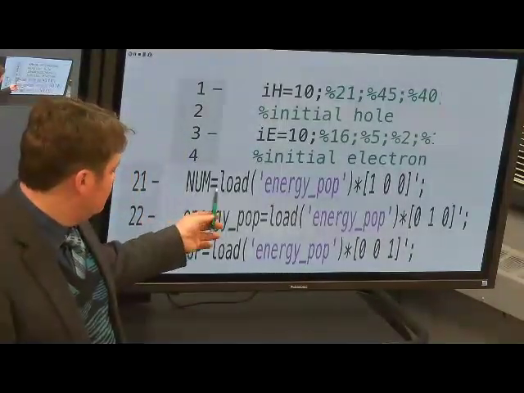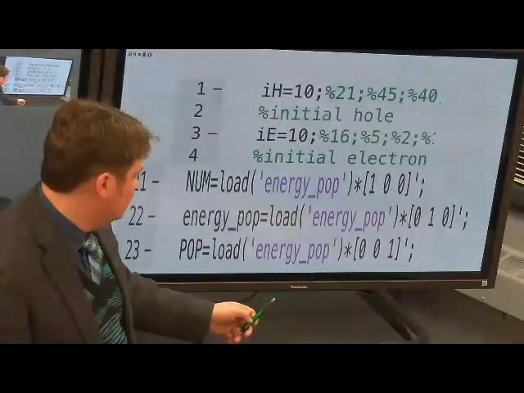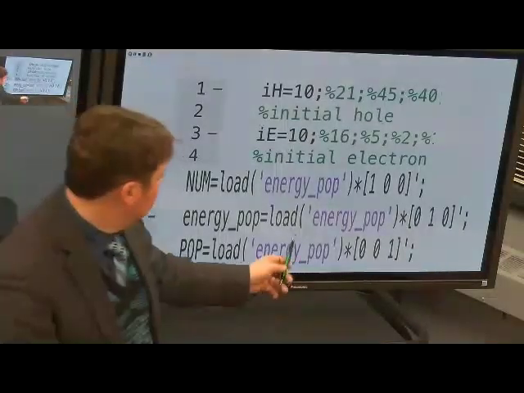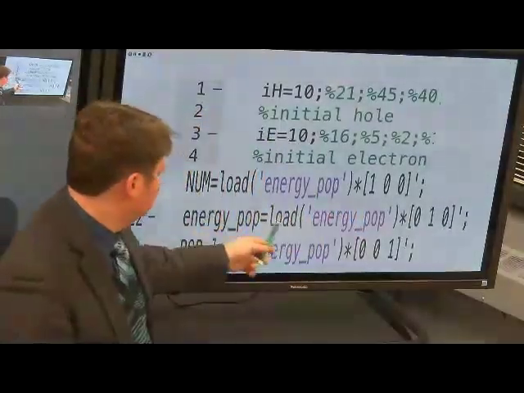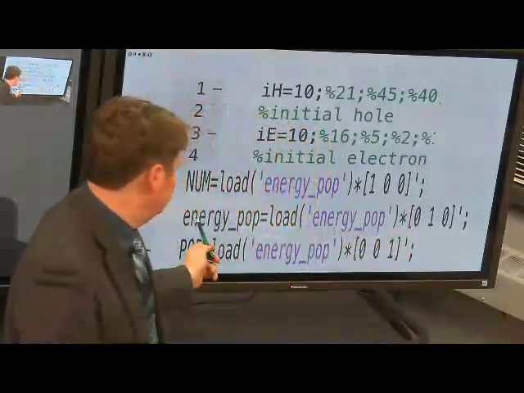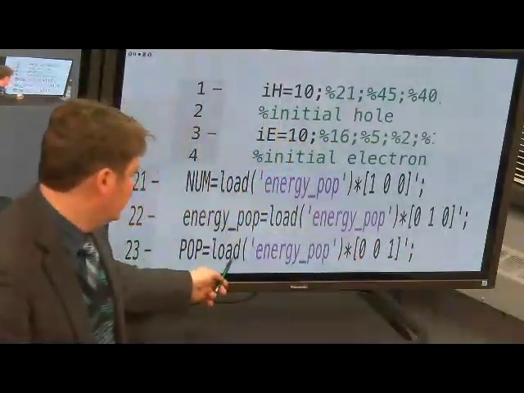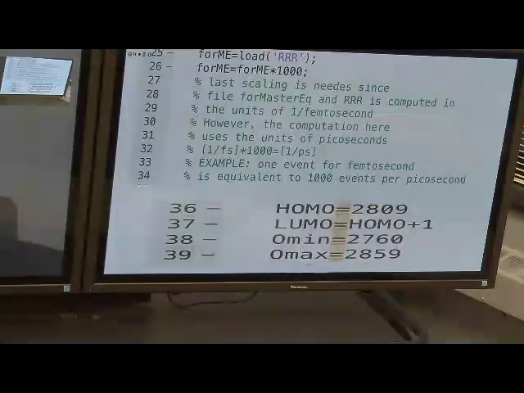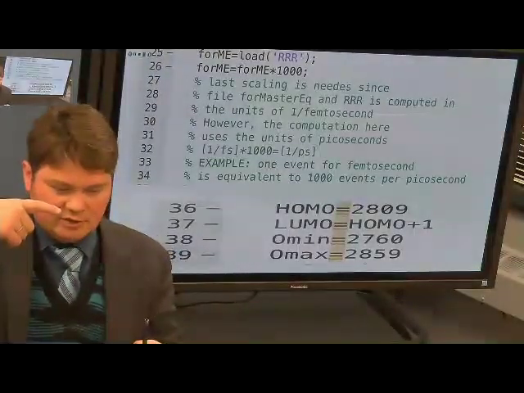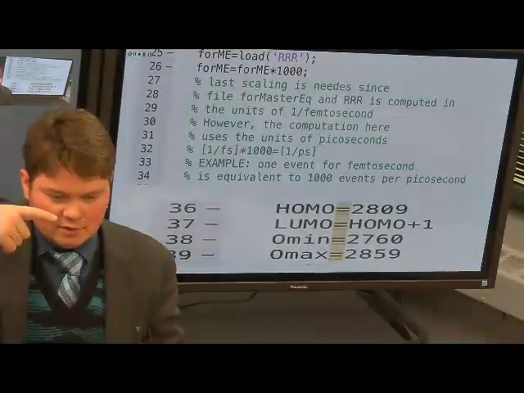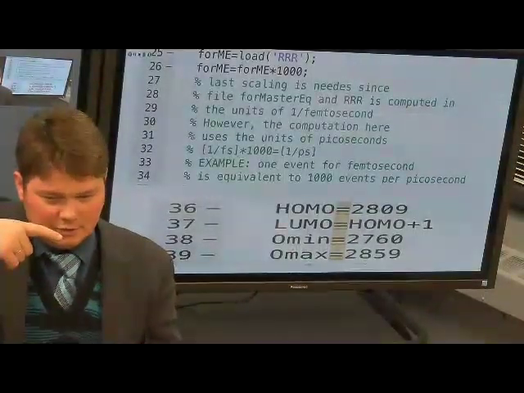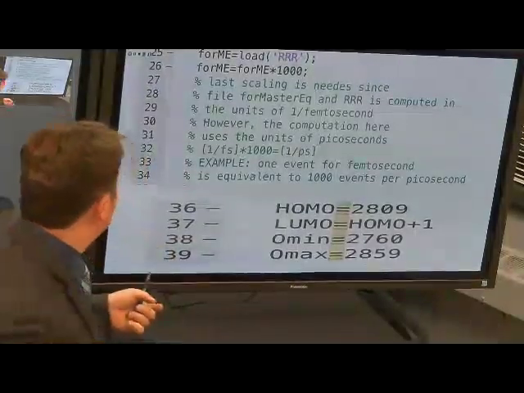Then this is the loading of the energy pop file, and you see that energy pop has 3 columns. The first column goes into this file, the second column, energies, goes to this file, and the last column, occupations, goes to this file. Again, we are going to follow the dynamics of the electron that has been excited to the orbital IE, the index of the electron, and the hole that has been excited to IH, the index of the hole.